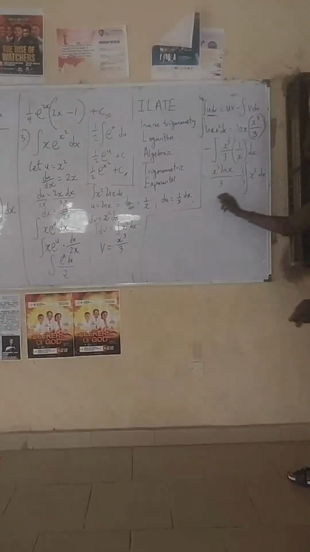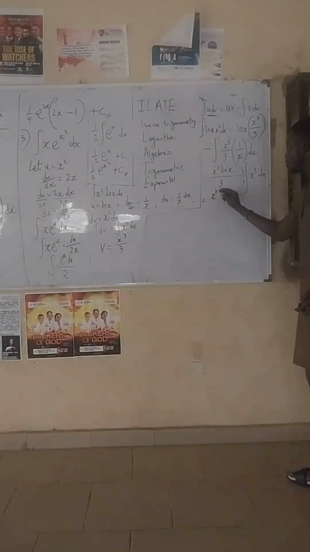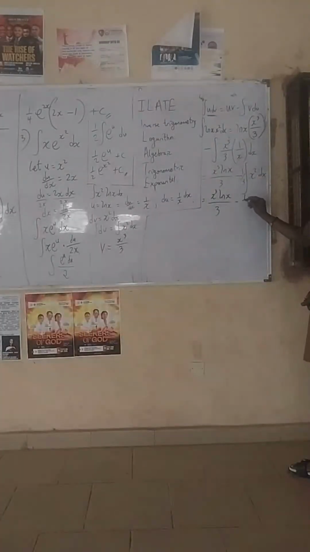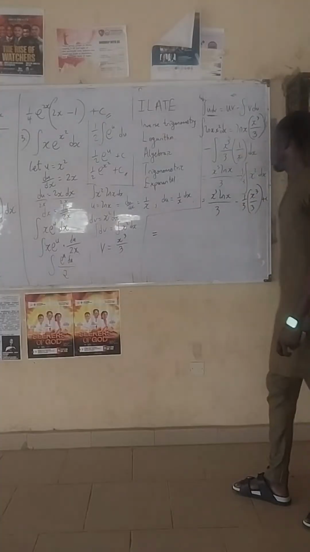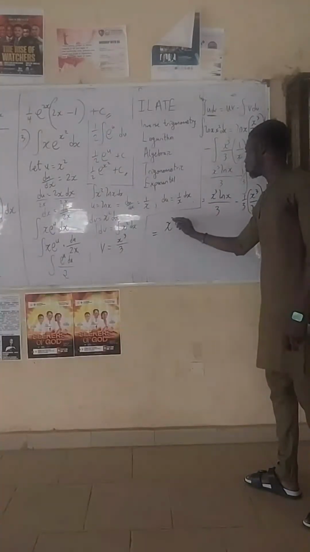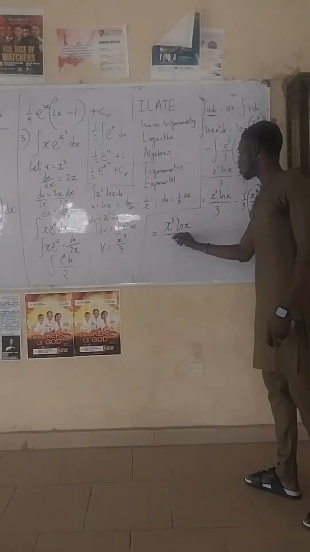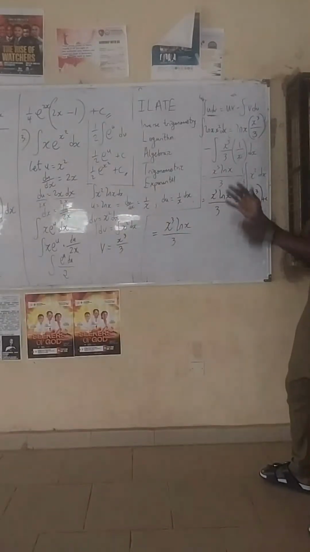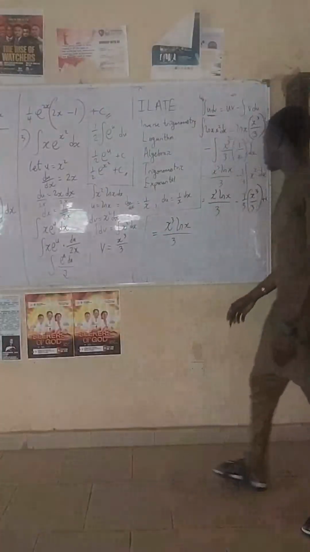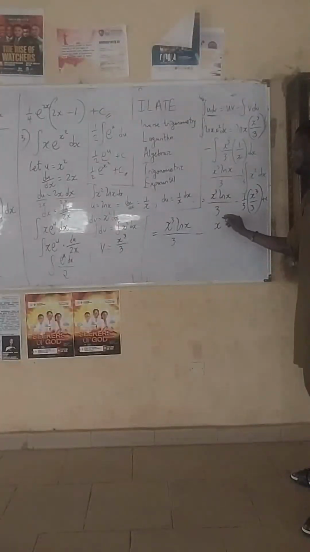So this place will now give us, we still have this, so that's x cubed ln x over 3 minus 1 over 3 times x cubed over 3, plus c. If you multiply, we have x cubed ln x over 3 minus x cubed over 3 times 3, that's 9, plus c.